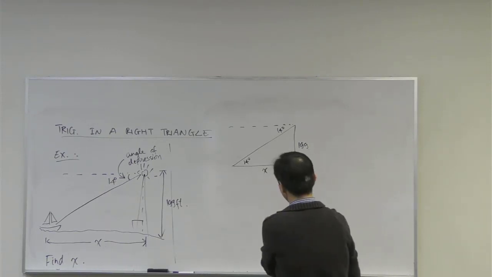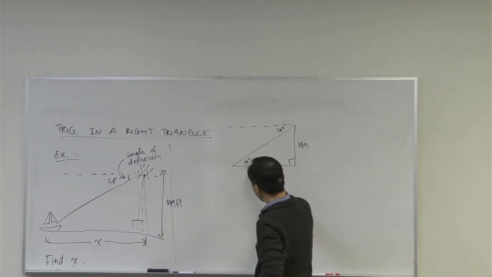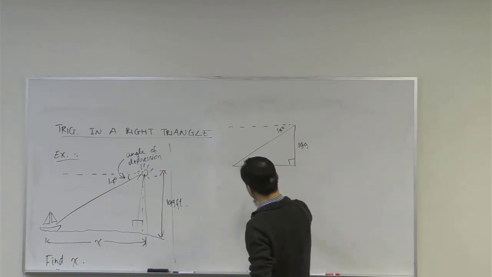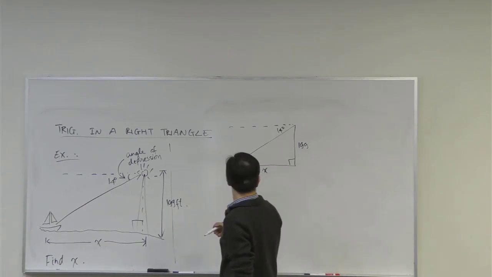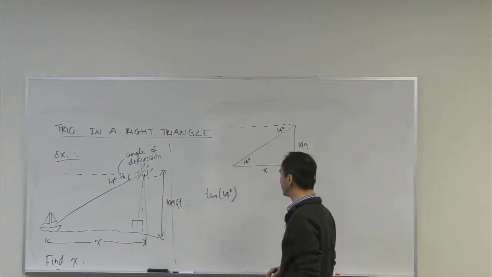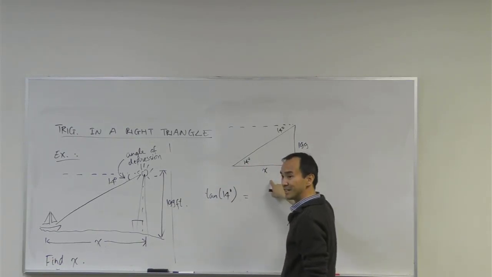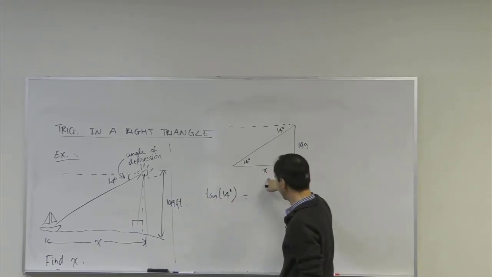So now, from where the ship is, the angle of elevation is 14 degrees. 199 is the height, and there's the unknown distance x from the ship to the base of the lighthouse. So I'm talking about the tangent of 14 degrees, which is a known value. Tangent of 14 degrees equals opposite over adjacent, TOA: tangent, opposite over adjacent.